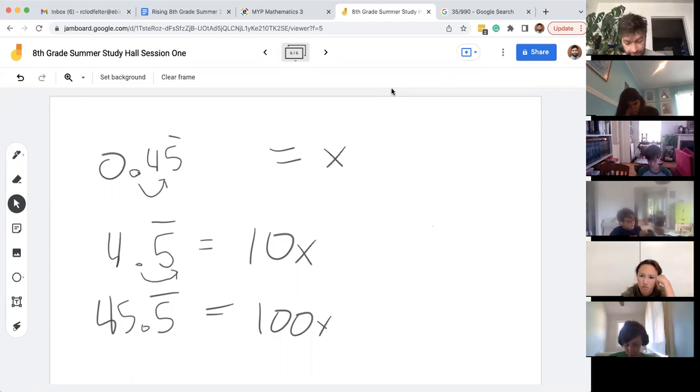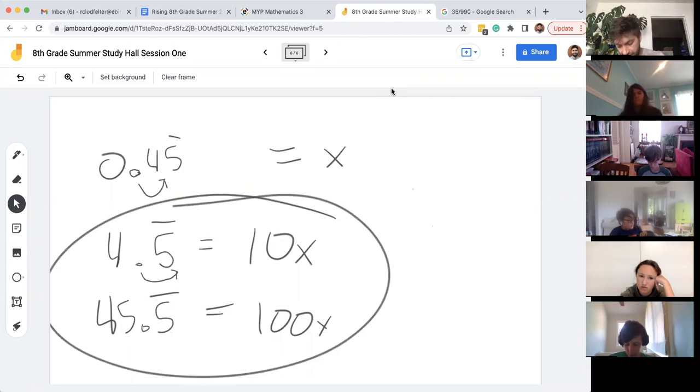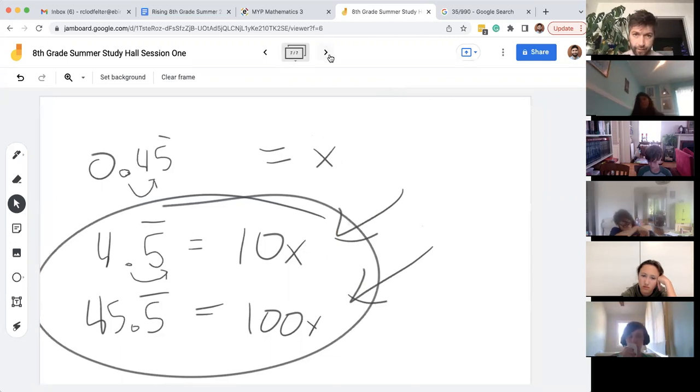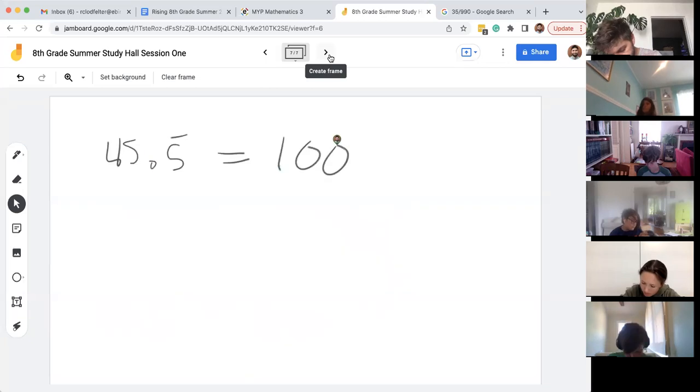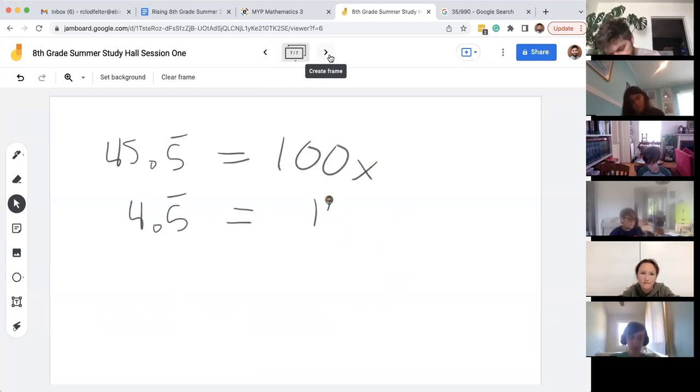Okay, so once I've got this, I'm now just going to subtract the smaller one from the bigger one. So I end up with 45.5 repeating forever equals 100x. 4.5 repeating forever equals 10x.